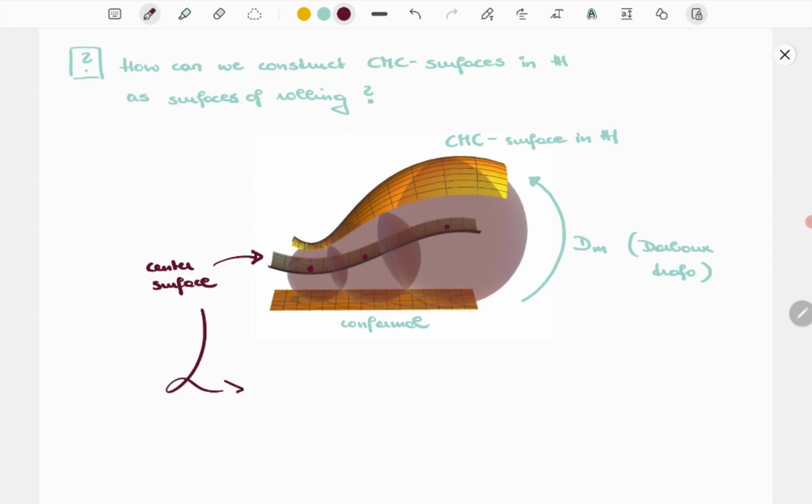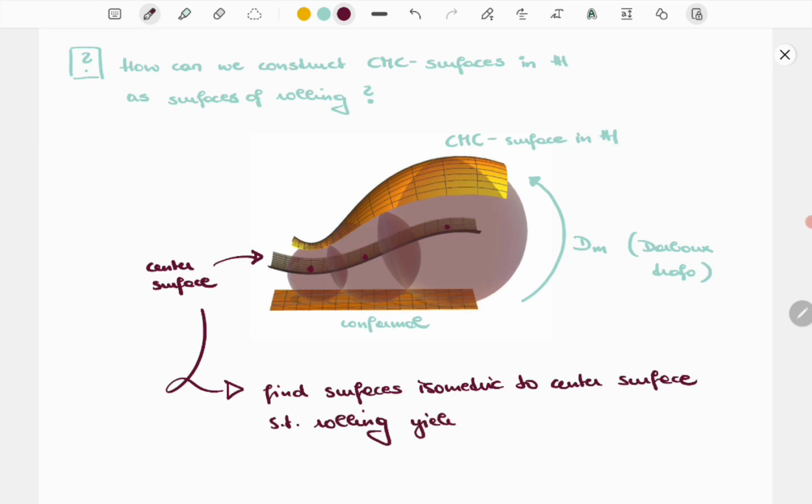And the idea is, for our rolling construction, we find surfaces that are isometric to the center surface, such that rolling then yields the conformal Gauss map and the CMC surface.